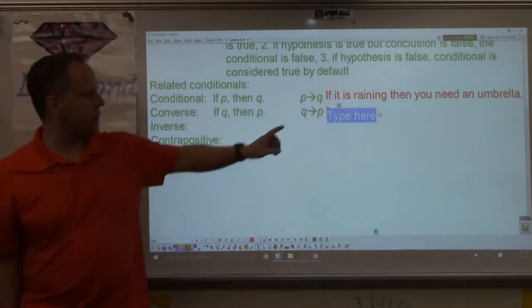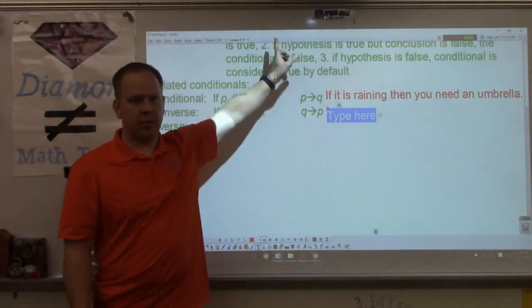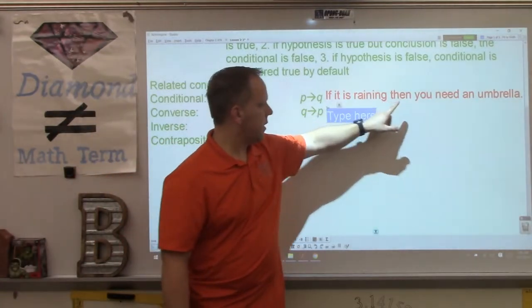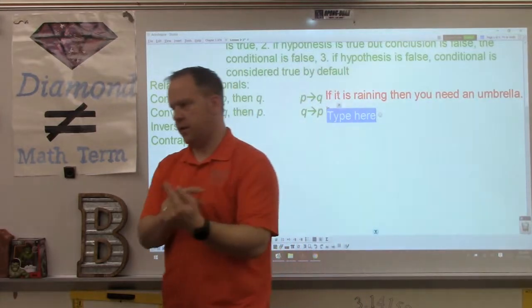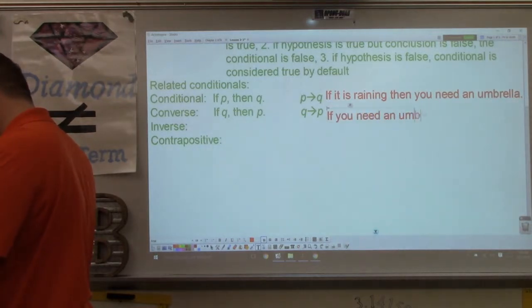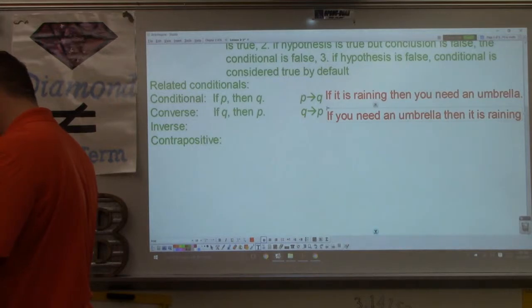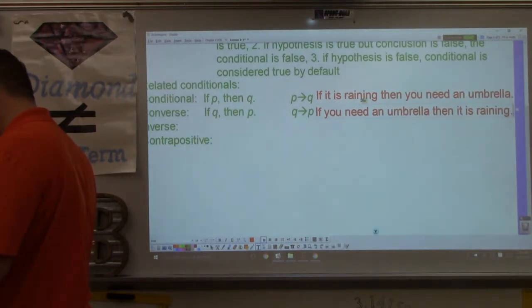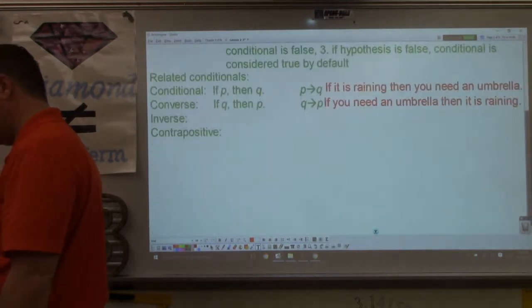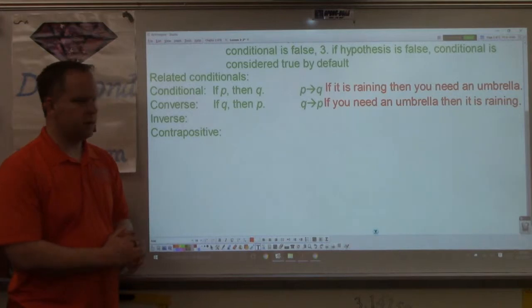So following along with this original conditional statement, my converse, all I do is I take my hypothesis and my conclusion and I switch them. So the new sentence would look like, if you need an umbrella, then it is raining. Plain and simple. Just switched it.